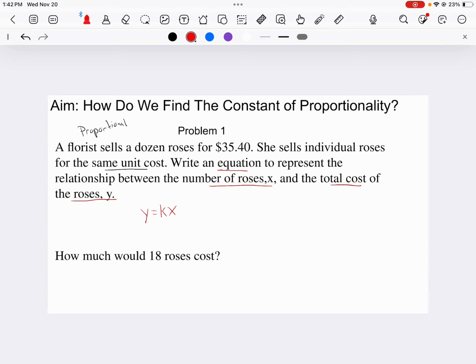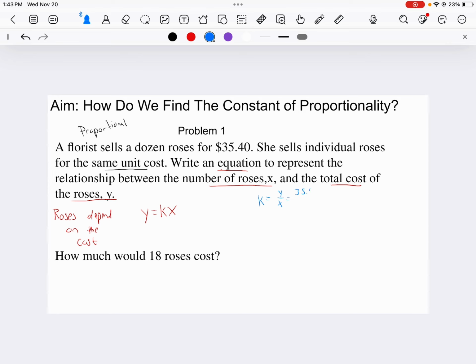Now they told us what y and x are, but even if they didn't, we would know that the cost depends on the number of roses. So that's why the roses is the x, and the cost is the y. I'm going to first find my constant of proportionality by doing y divided by x.